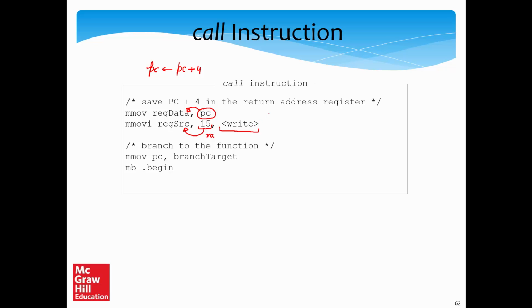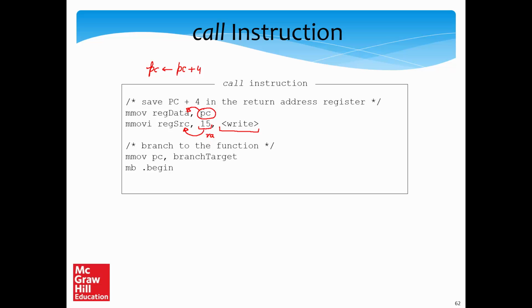So basically we are writing the value in the PC register, which is the current PC plus 4, which is essentially the address of the next instruction, to the register file, register 15, the return address register.